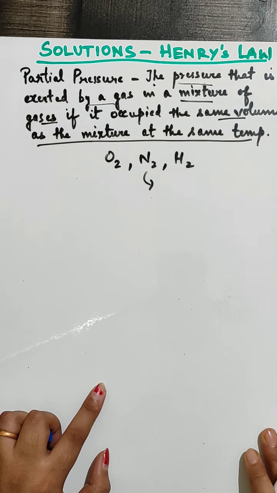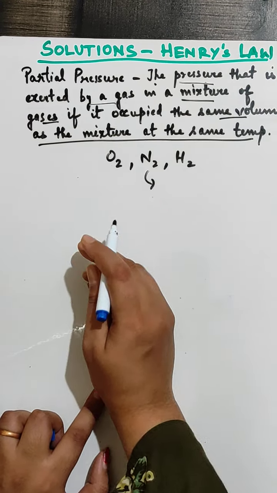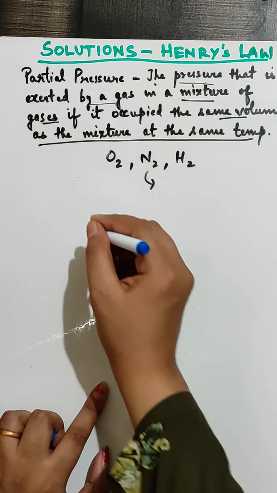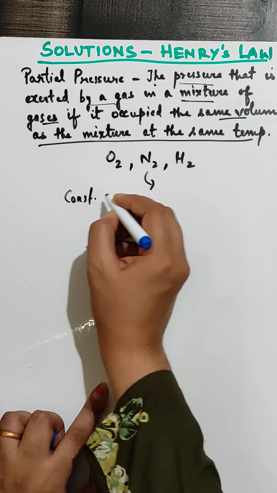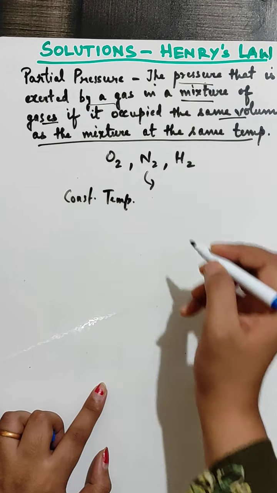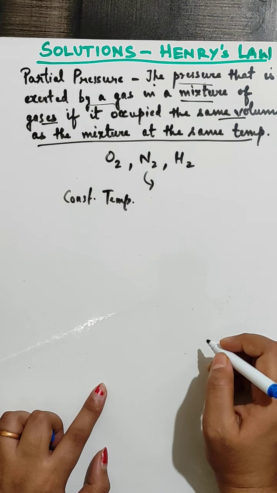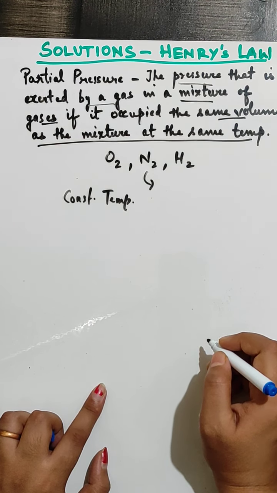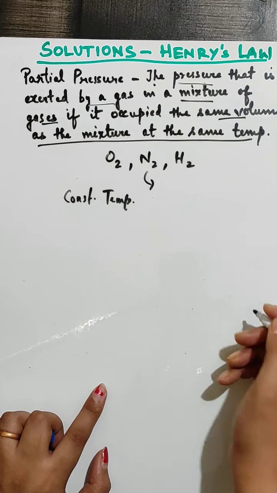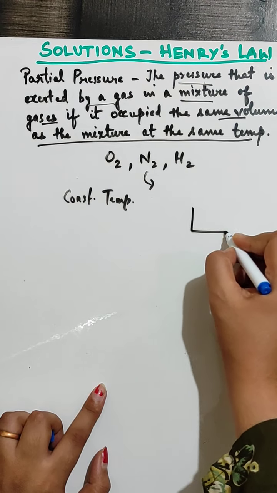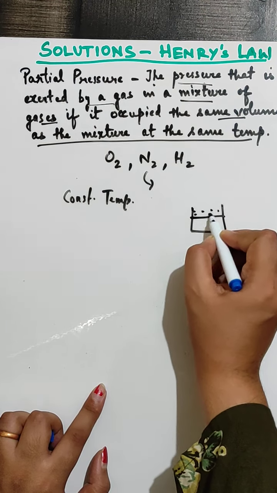So Henry's law: Henry stated that at a constant temperature, the solubility of a gas in a liquid is directly proportional to the partial pressure of the gas which is present above the surface of the liquid, okay.